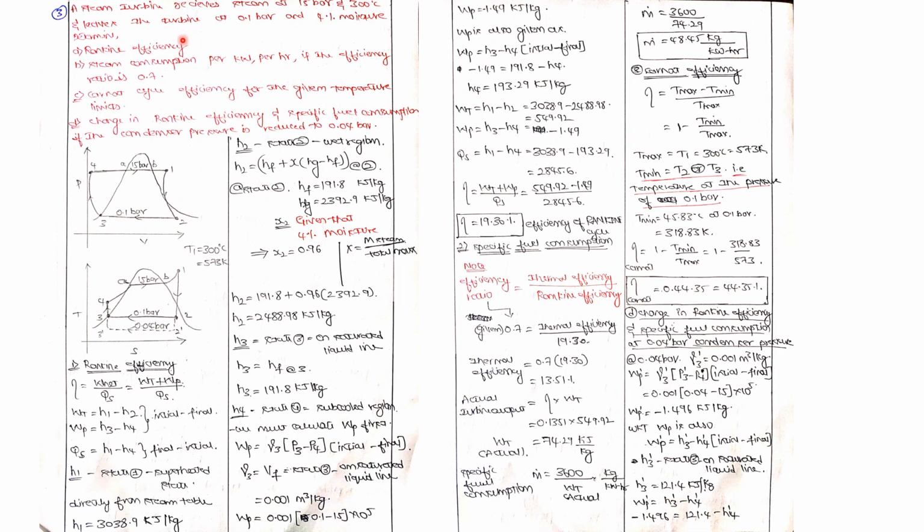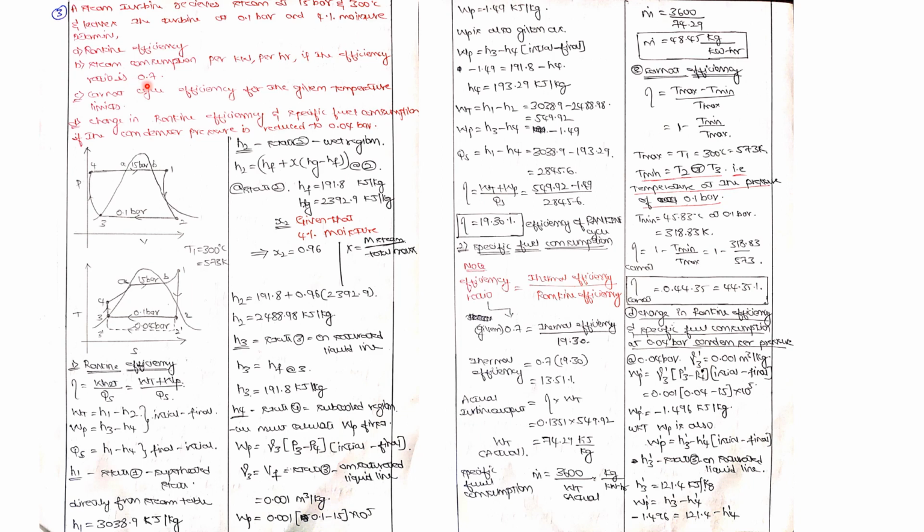What is this 4% moisture? He has given the information regarding the dryness fraction at state 2, that is X2. We shall see how to convert it in terms of the dryness fraction later. So what we need to determine is, number 1, the Rankine efficiency. Number 2, steam consumption per kilowatt-hour if the efficiency ratio is 0.7.